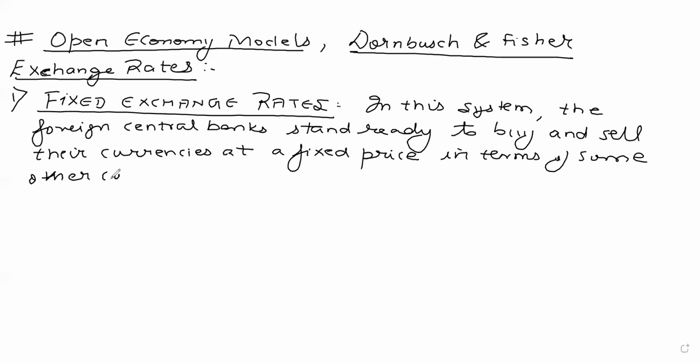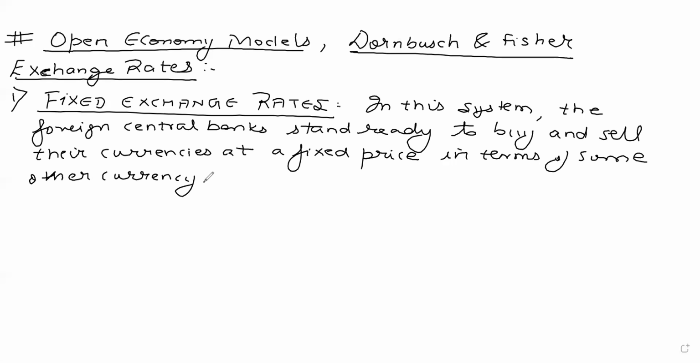When we say that we are having a fixed exchange rate regime, that simply means that the exchange rate is fixed by the central bank. Any economy which follows a fixed exchange rate regime has the exchange rate fixed by the central bank, and that economy stands ready to buy and sell foreign currencies at a fixed price.